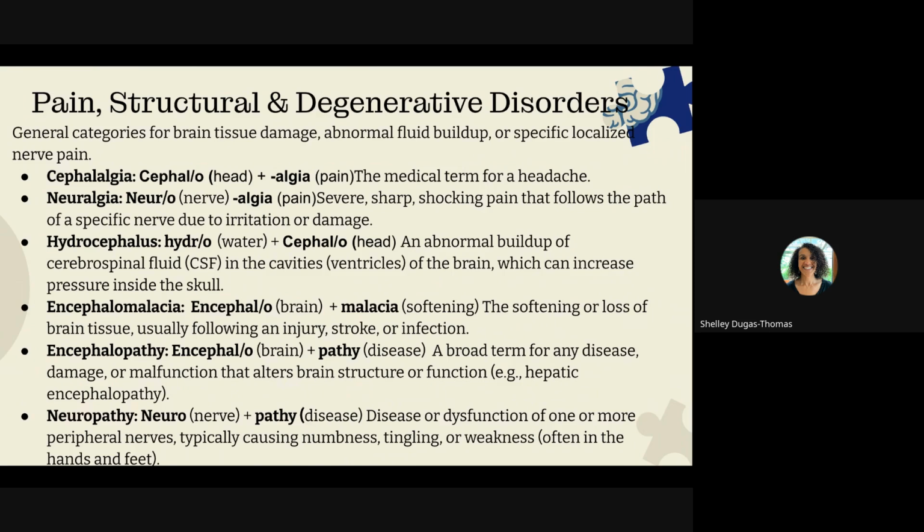Malacia means softening. So encephalomalacia is the pathological condition of the softening of brain tissue. Pathy means disease: encephalopathy is any disease of the brain, while neuropathy is a disease of the peripheral nerves.